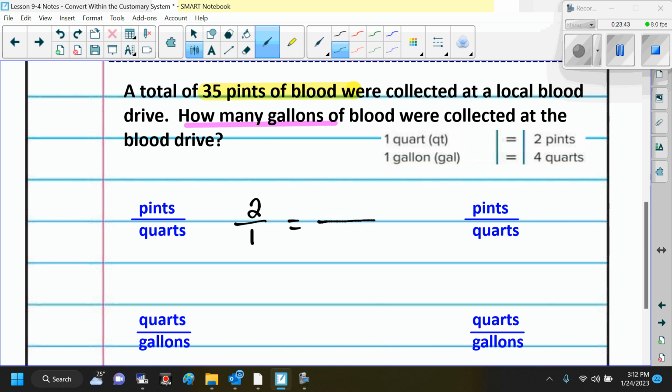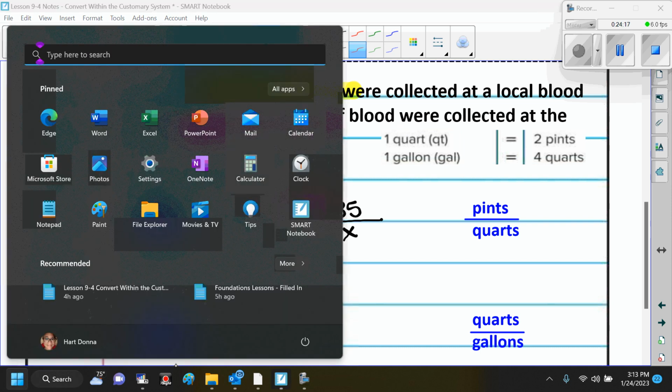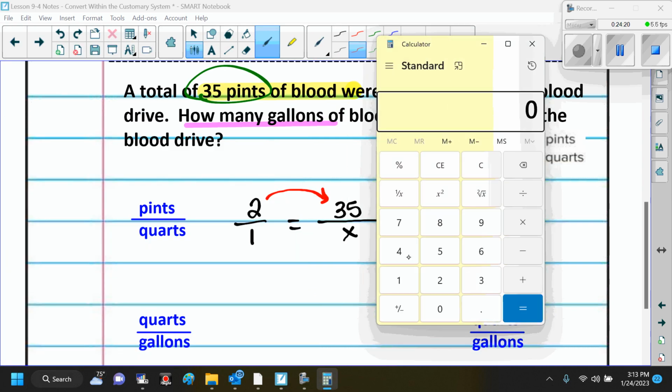All right. So now we want to change how much? 35 pints. Where does that 35 pints go? In the numerator. So we're going to put that up here, 35, and we're solving for quarts, right? Now, do you know what to multiply by to get to 35? 17.5. And you figure that out by doing what? 35 divided by 2.